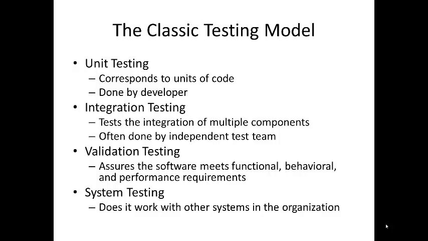So, classic testing model, there are 4 types of tests that go into it. One is unit testing, and this corresponds to the individual unit code modules, functions, or classes. These tests are typically done by the developer since they're closest to them. And then the next step up is integration testing, which tests the integration of multiple components, or more than one. And this is often done by an independent test team, although as we discussed before, you can have individual developers doing this.